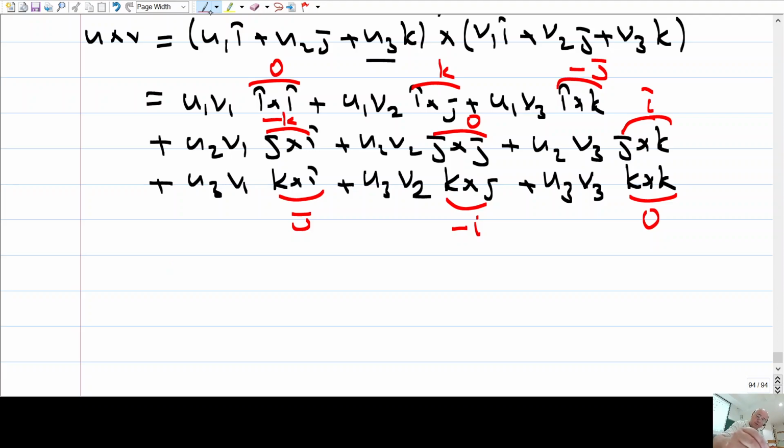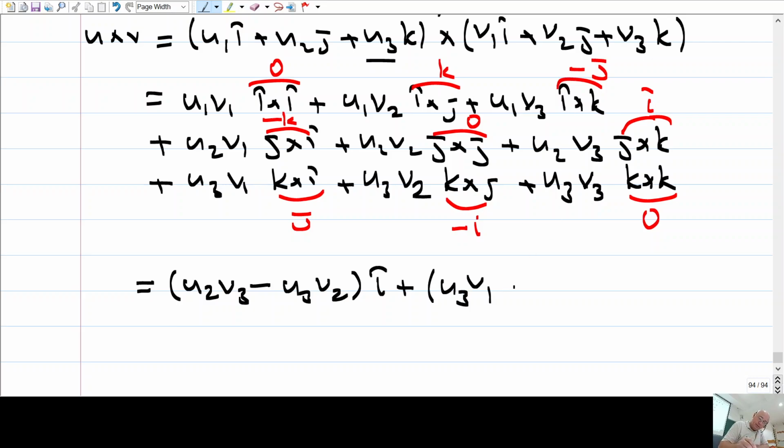So what is the result then? So what are the I terms? I terms, there are two of them. U2 V3 minus U3 V2, times I, plus J terms. There is U3 V1 minus U1 V3, times J, plus K terms.